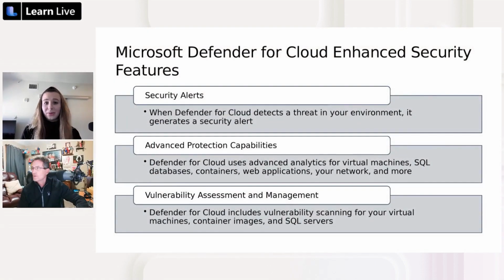All right, but it's not only threat intelligence and alerts that our Defender plans are giving you, because we also offer really cool advanced protection capabilities. We have something called just-in-time virtual machine access. This lets you lock down incoming traffic to your virtual machine, so close your management ports like RDP and SSH.